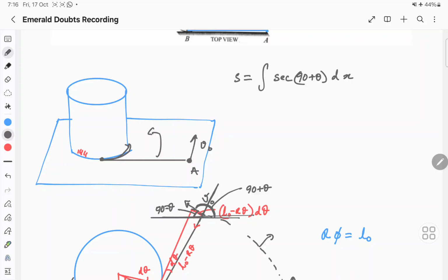So sec 90 plus theta is equal to minus cosec theta. Cos in the second quadrant is negative, sine in the second quadrant is positive. So we can write like this.